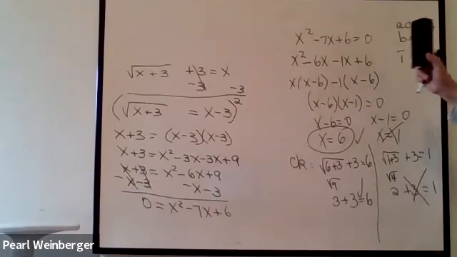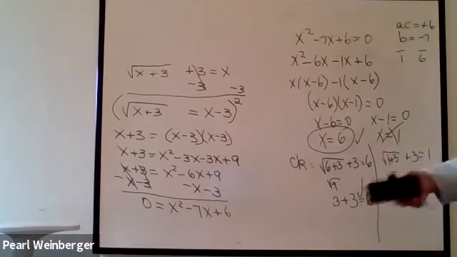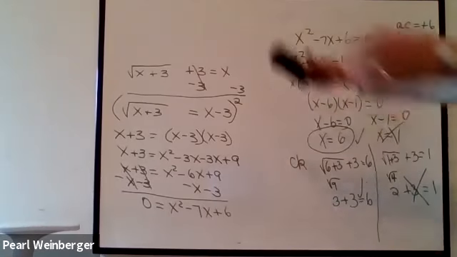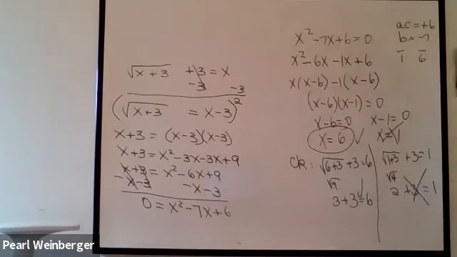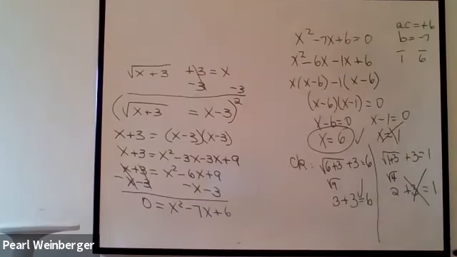If you hadn't done the check, you would have given 2 answers. If you're on a multiple choice question, it would have been totally wrong, even if you did all the work correctly. So you have to be very careful with these radical equations to make sure that you are checking your answer.